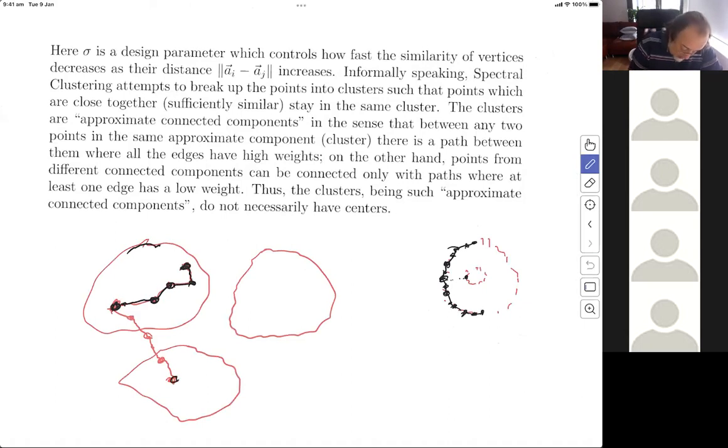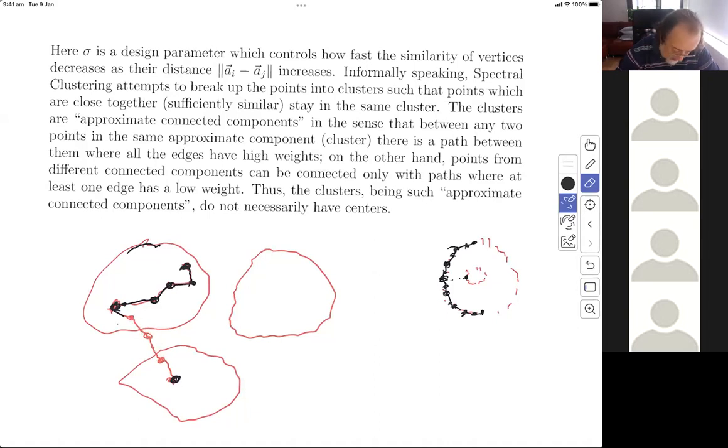But if you have 2 points that are in different clusters, then you cannot walk from one to the other using only edges of high weights. At least one of the weights has to be small.